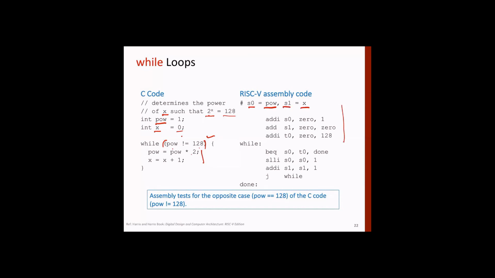Now you have to initialize so that POW is 1. POW is S0, so use add immediate: S0 equals 0 plus 1, so 1 will be brought into S0. Second is add, so S1 becomes 0, which is x becomes 0: 0 plus 0 brought to S1.